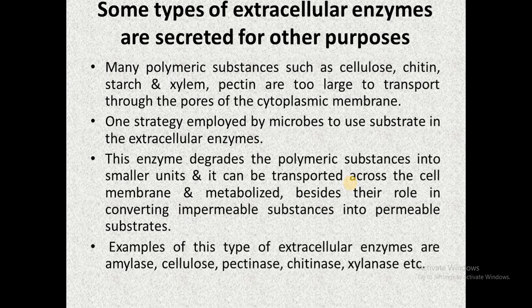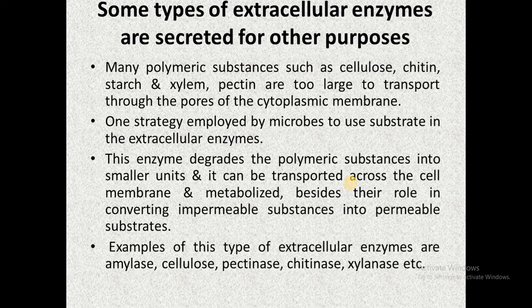Next we see some of the types of extracellular enzymes that are secreted for other purposes, for nutrient breakdown of substances into small ones for their growth. Many polymeric substances such as cellulose, chitin, starch, xylan and pectin are too large to transport through the pores of the cytoplasmic membrane.